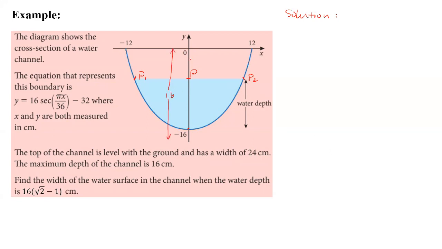We can use 16 minus the absolute value of the y coordinate of P. Then we can get the water depth, right? Okay, so basically we want to find the coordinates of P, or P1 or P2. So let's denote P1 as x1, y1, P2 as x2, y2.